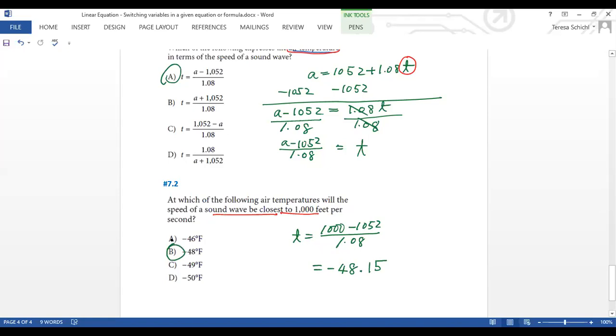So this is the answer. Okay, so that's it. Like I told you in the beginning of this video, this is a very short unit under linear equations, right? It's very useful later when you're taking physics or chemistry class, because you will be able to switch the variables around. But it is also a very easy topic. You should be able to grab the credit.